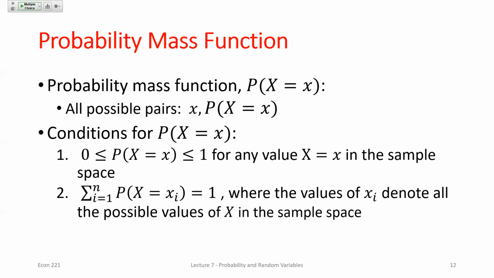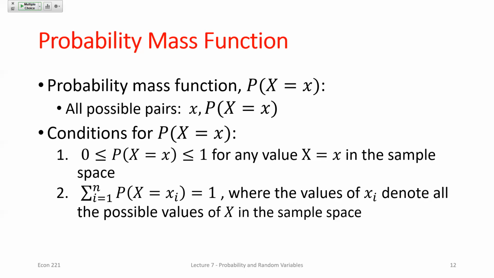And just like with frequency distributions, where we said that if I look at every possible outcome in the data set and take the relative frequency of seeing that outcome, the relative frequencies always have to add up to 1. Those relative frequencies were essentially telling us the probability that if I selected a data point at random from my data set in one observation, I saw that specific response.